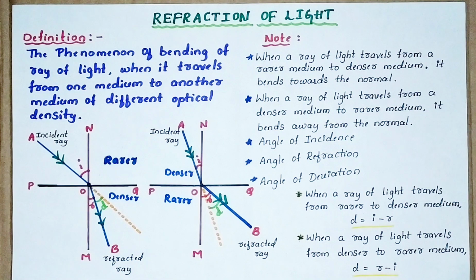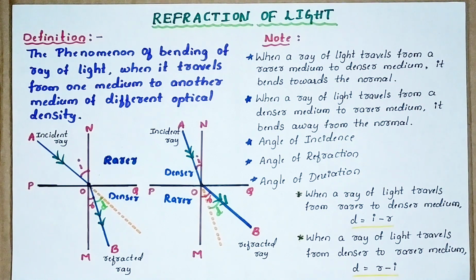It means light always travels in a straight line. But here, when light travels from one medium to another medium, bending of light takes place. The light starts to bend. Why is the light bending? Because the speed of light changes. Why does the speed of light change? Because the media have different optical densities.